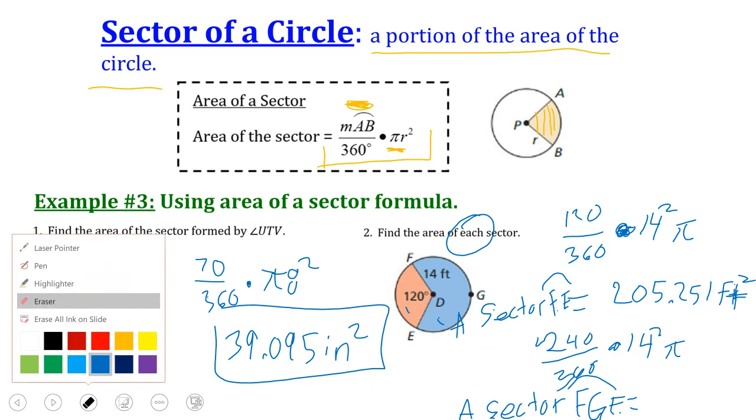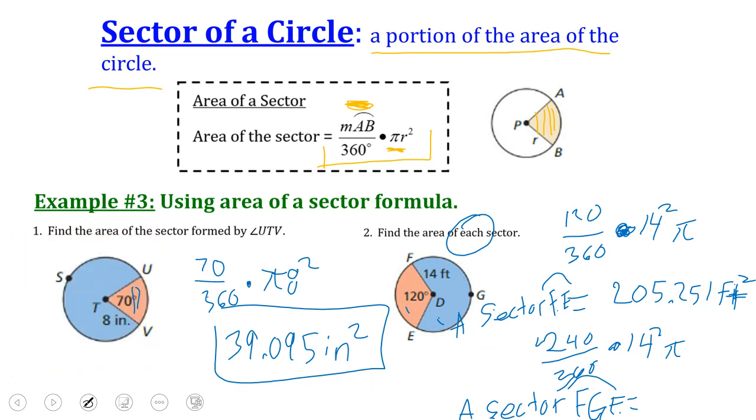All right, we're going to scribble this time. 410.501 feet squared. Great. Yikes, that's pretty terrible handwriting, but gets the job done.